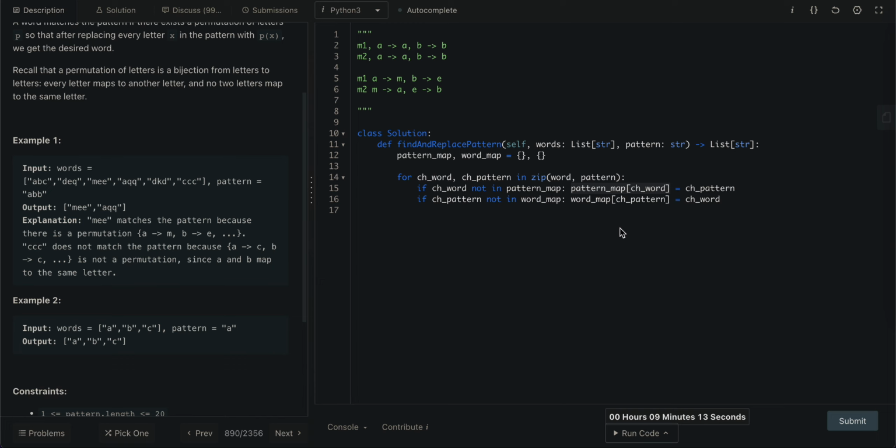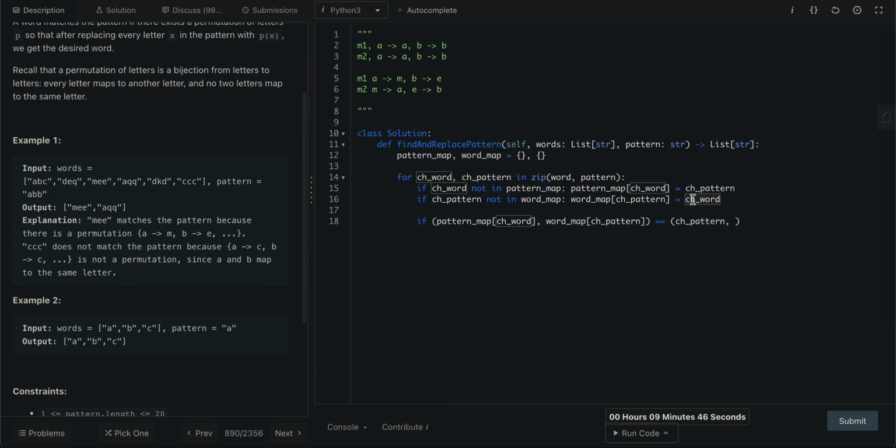So let's make a tuple: get the character from the pattern map for this word, and get the character for the word from the word map for this pattern, and check if it is equal to what we are adding.